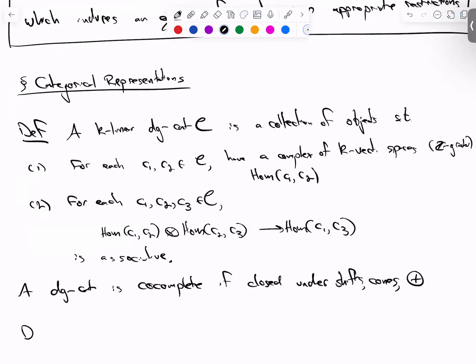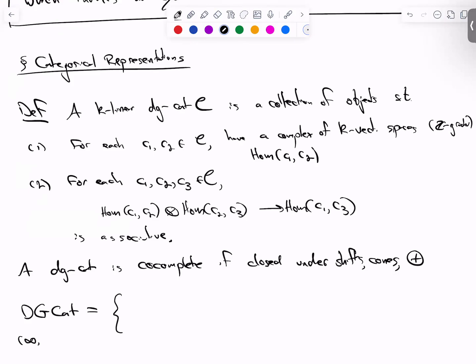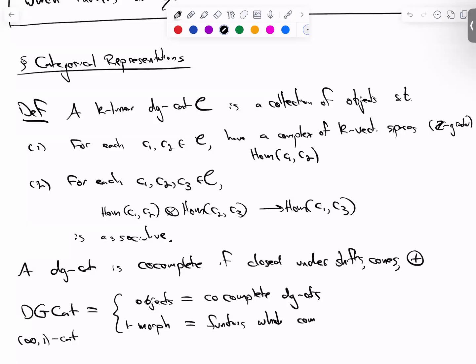Now the category of DG categories is denoted by DGCat. It's an infinity category whose objects are co-complete DG categories and morphisms are functors which commute with colimits.